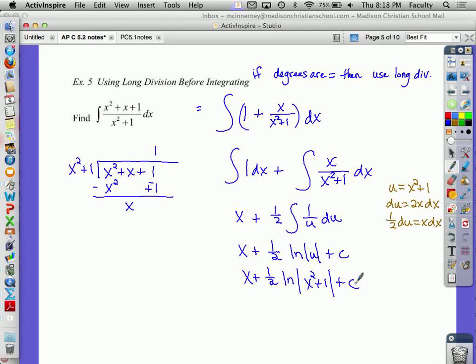Now something I want you to think about is if I have the natural log of x squared plus 1, sometimes in the back of the book or on the AP exam itself, you'll notice they'll change the absolute value to a parenthesis. And the reason why they do that is that x squared plus 1 is always positive. So there's no need for the absolute value symbol. Okay?